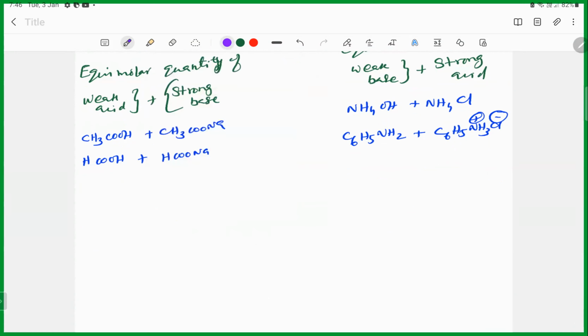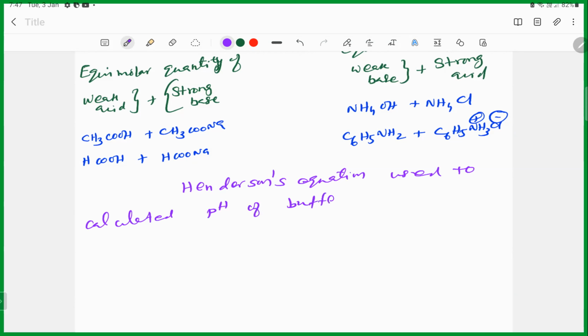So the Henderson equation is used to calculate the pH of a buffer solution. How can you calculate it? We'll work it out.